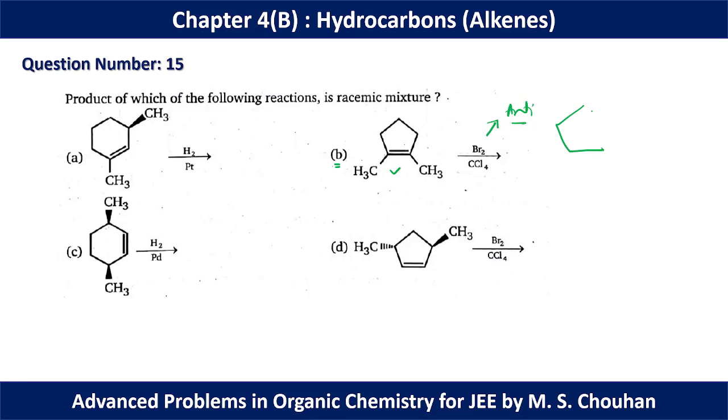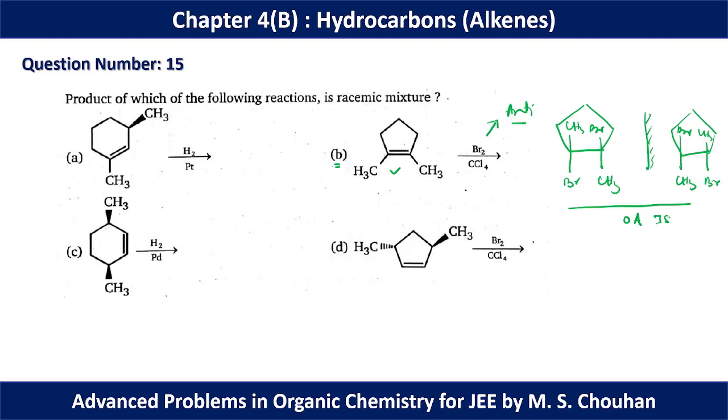So basically in this case we can have this kind of situation, CH3 Br CH3, and the mirror image of this molecule, that is Br CH3 and CH3 Br. In this case only we can have optically active isomers.